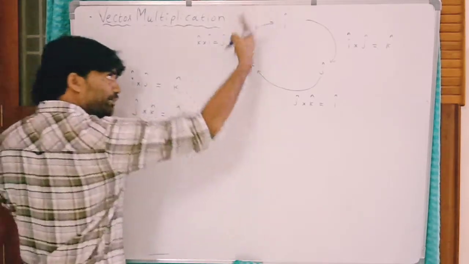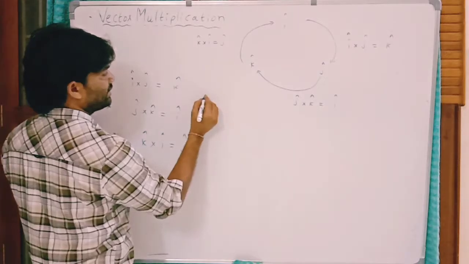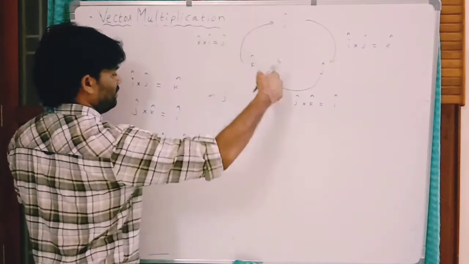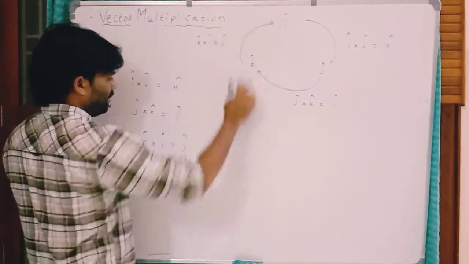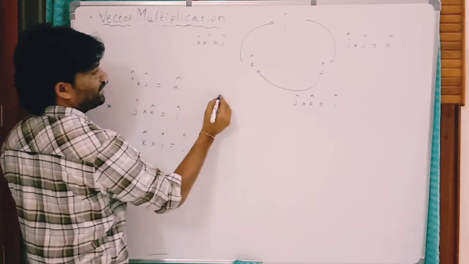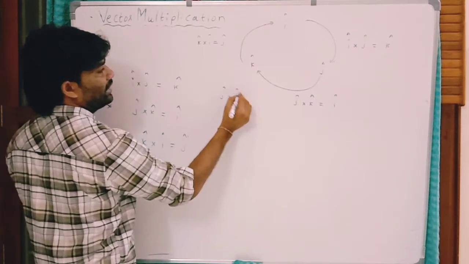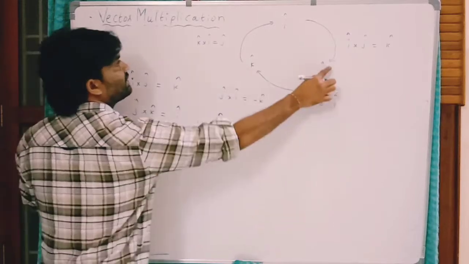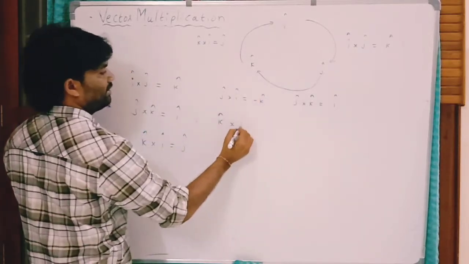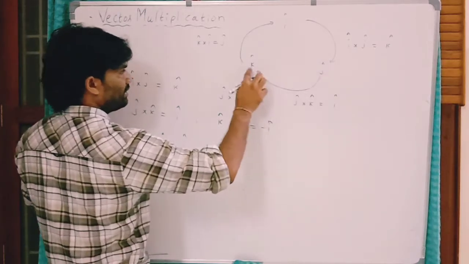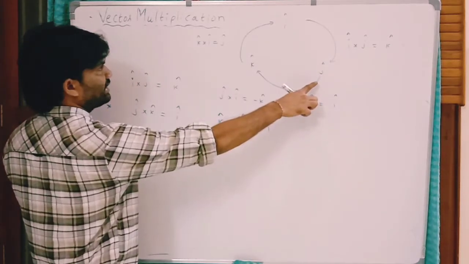If I take this product in reverse manner, j cross I is minus k, and k cross j is minus I.